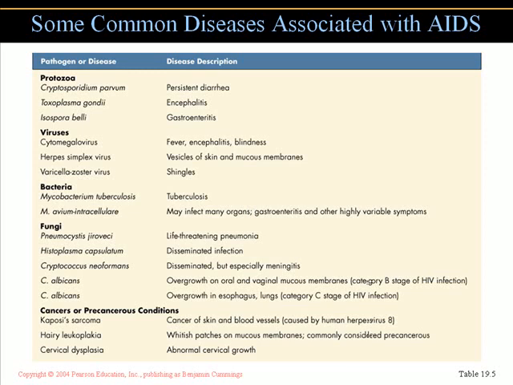These individuals would also be at risk of developing Kaposi's sarcoma, hairy leukoplakia, and cervical dysplasia. Now remember, cervical dysplasia is not an uncommon finding in females because of the human papillomavirus. The human papillomavirus we'll discuss later when we talk about the genitourinary system and related infectious diseases. But cervical dysplasia would not be an uncommon finding.